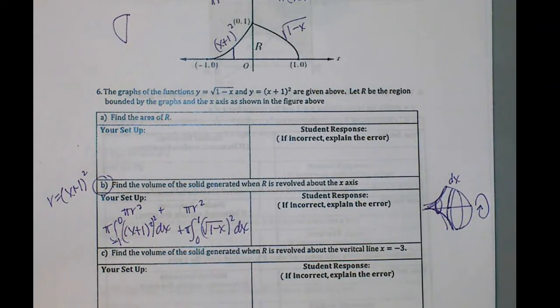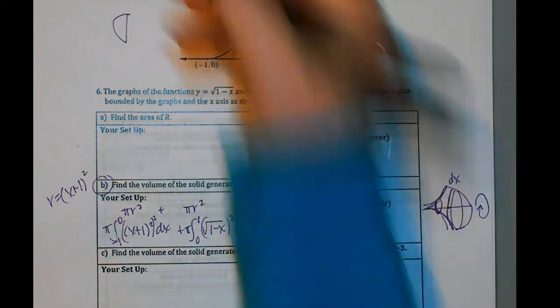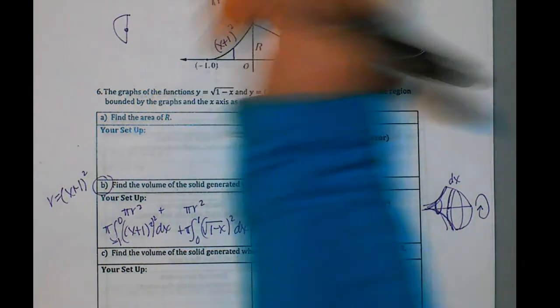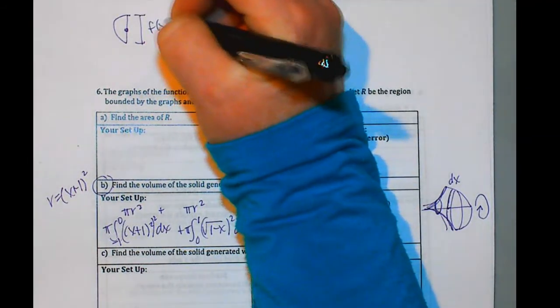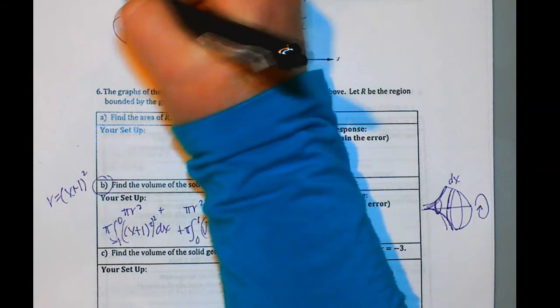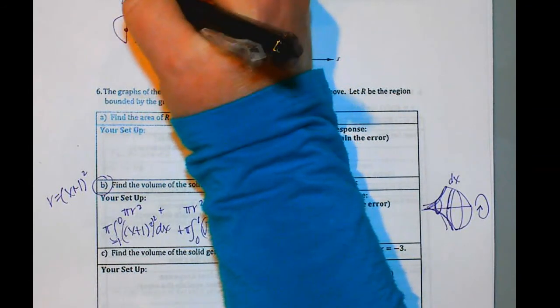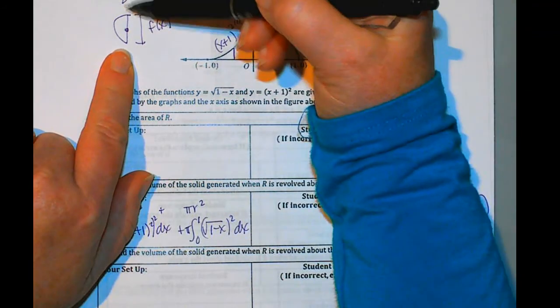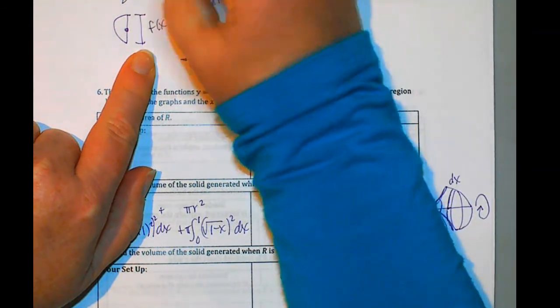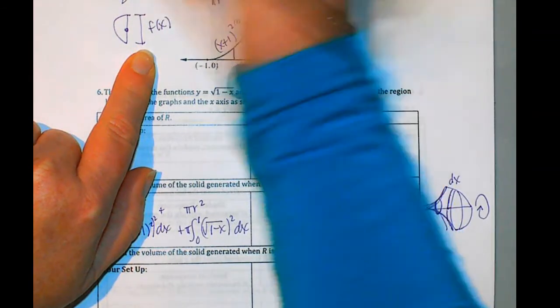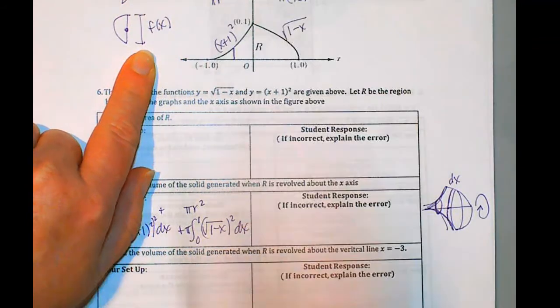Is there such a thing in this problem? No. If you're doing semicircles, then you have to do the half, right? So this would be the whole function value, but in a semicircle you need 1/2 pi r squared. And so you need 1/2 for the semicircle, and then the radius would have to be 1/2 of f of x squared.